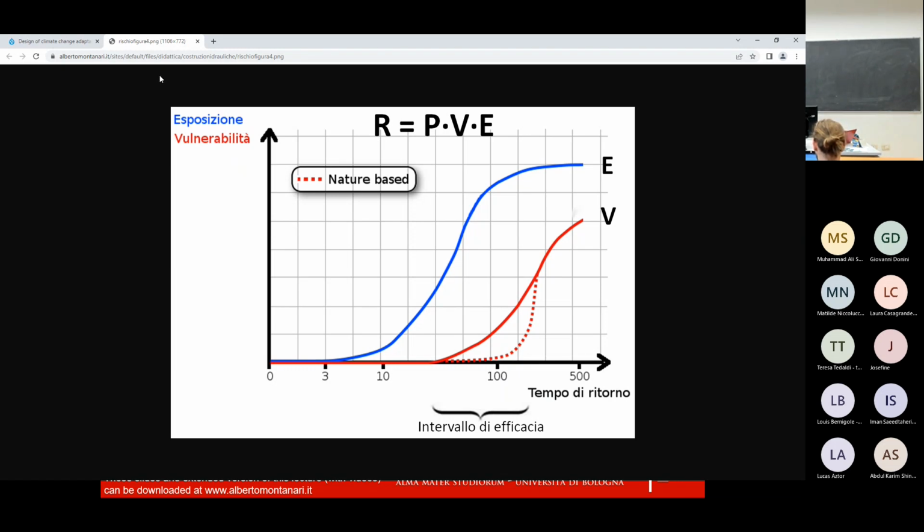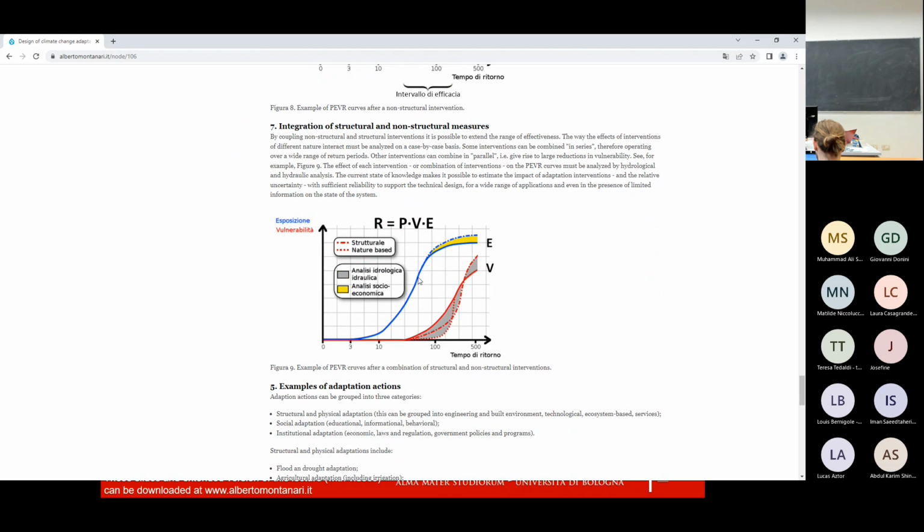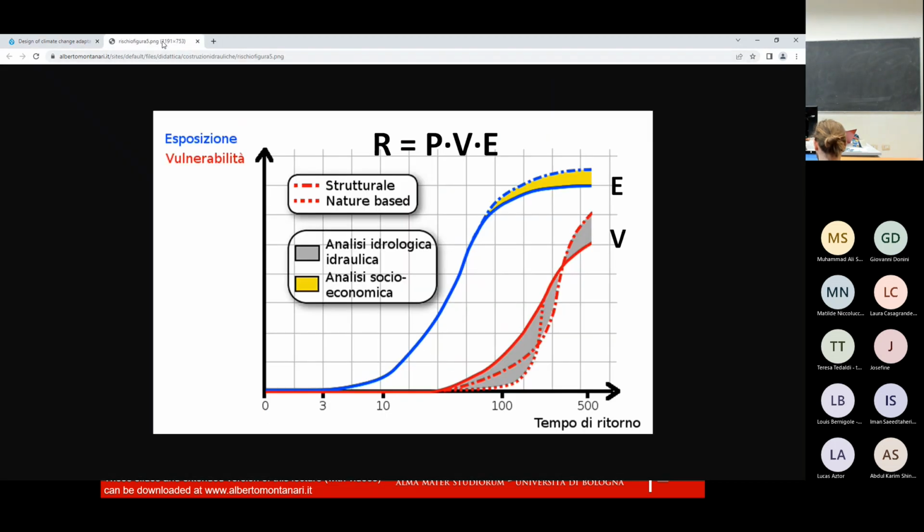Okay, now the next figure. So what is the result in terms of risk? If I combine the two, here is still vulnerability and exposure. If I combine the two measures, you see that probably I obtain an integration of effects, and a larger range of effectiveness.